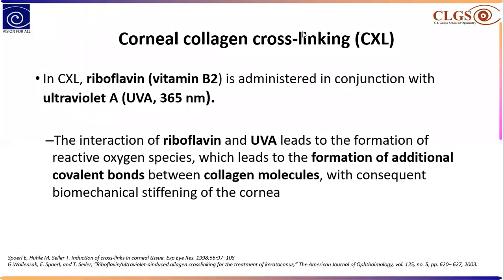This is the ultraviolet that is normally present in our environment; when you go in the sunlight you also have this ultraviolet A. So doing C3R or CXL with riboflavin using ultraviolet A radiation is not discomforting to the patient.